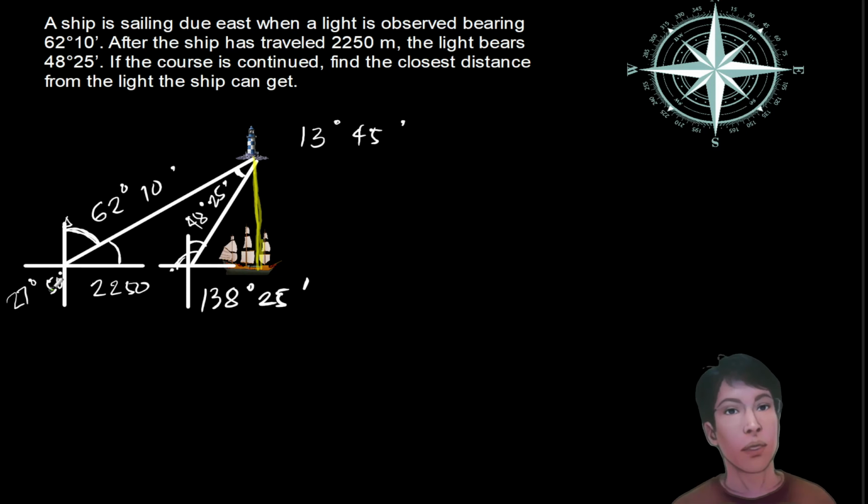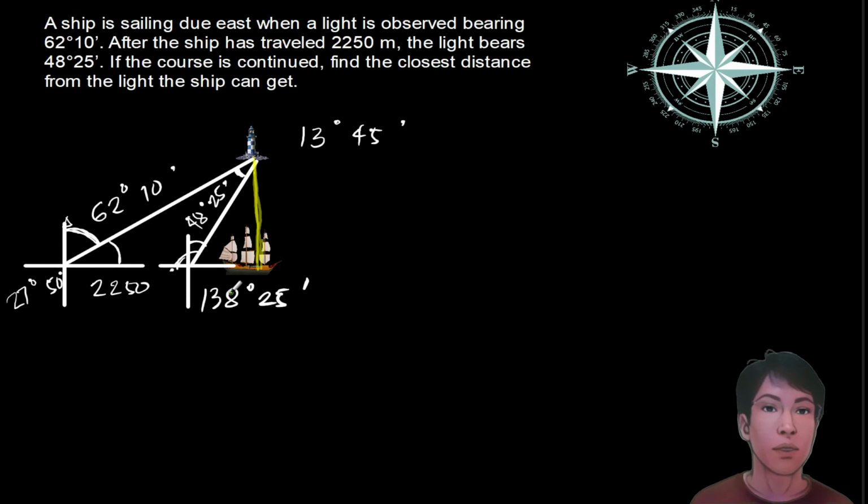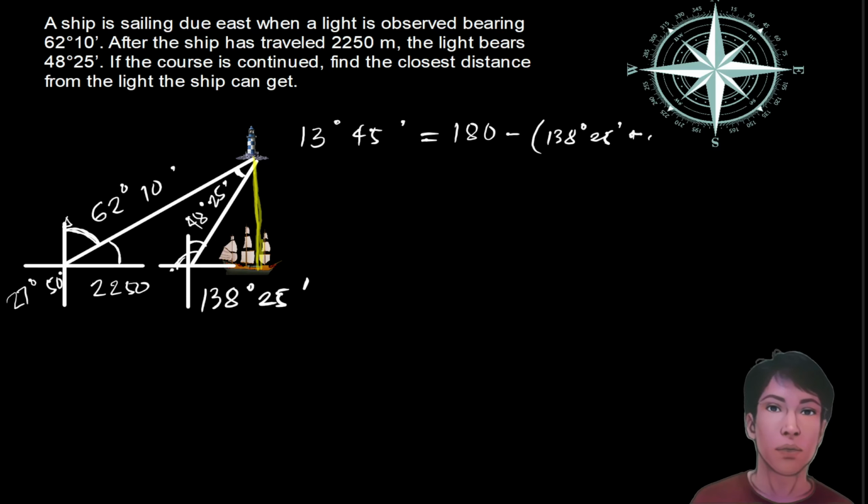With that, I add this one and this one, and subtract the value from 180 degrees. This is the answer. So let me write it: 180 minus the sum of 138 degrees 25 minutes plus 27 degrees 50 minutes.